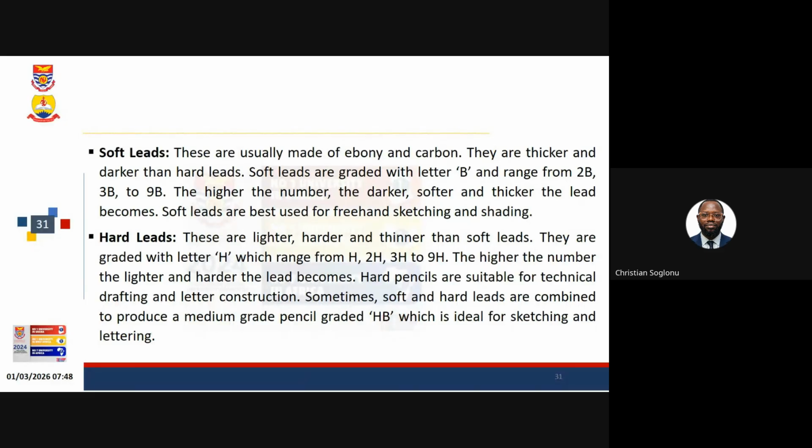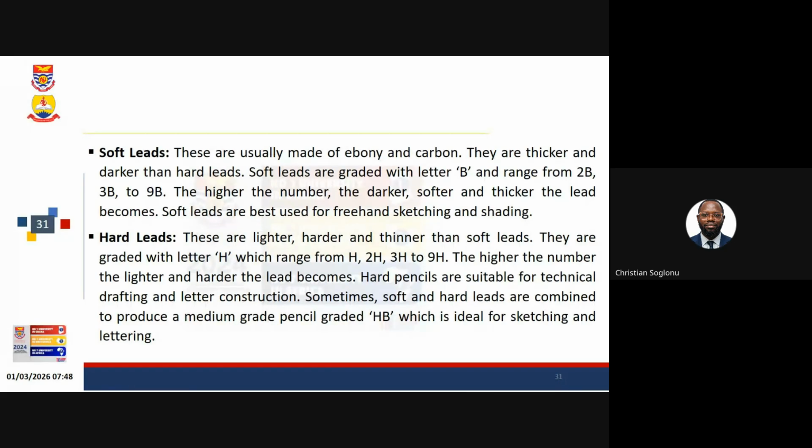They are thicker and darker than hard lead. Soft leads are graded B, ranging from 2B to 9B. The higher the number, the darker, softer and thicker the lead becomes. Soft leads are best used for freehand sketch and shade.